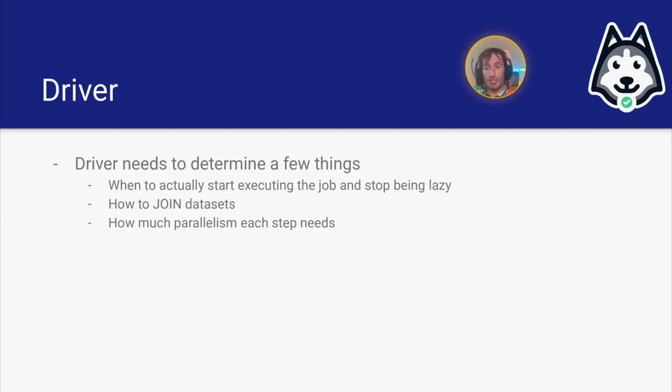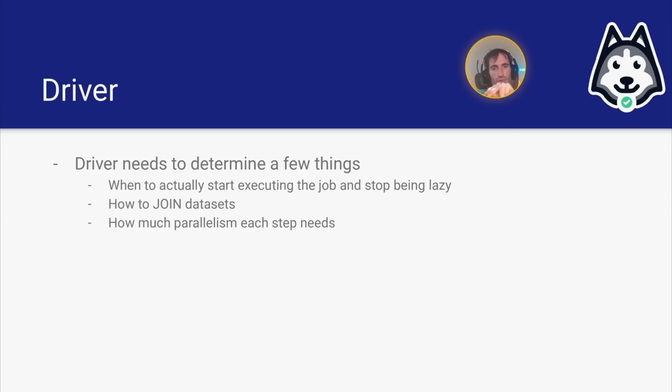And it also determines how much parallelism is needed in each step. So for example, say you have two data sets you're reading in, and then you join those two data sets, and neither data set is small. You have two big data sets. Generally speaking, the initial parallelism for those steps is how many files those data sets are written to.